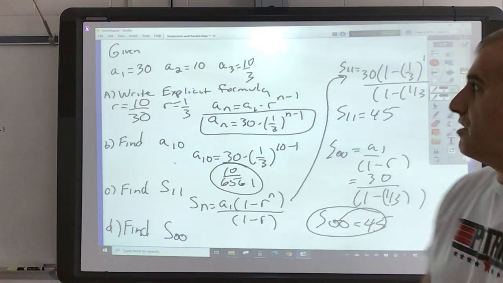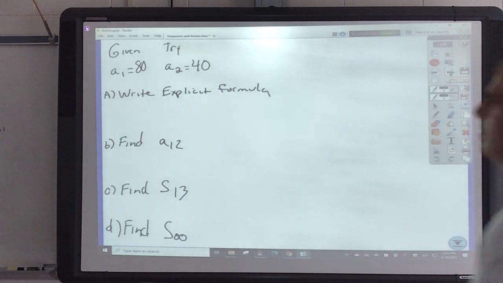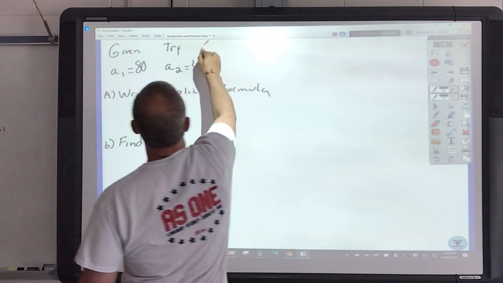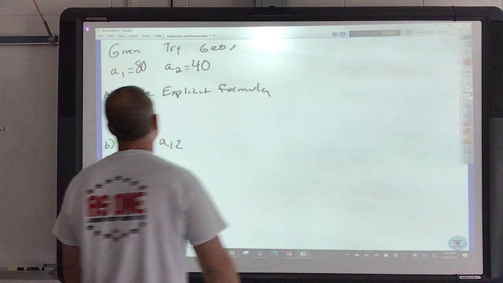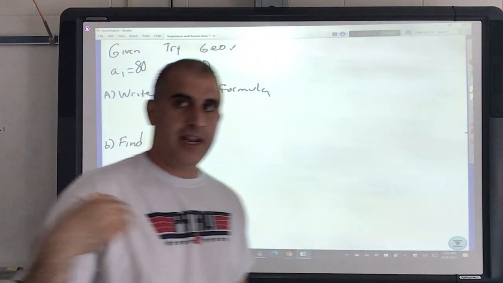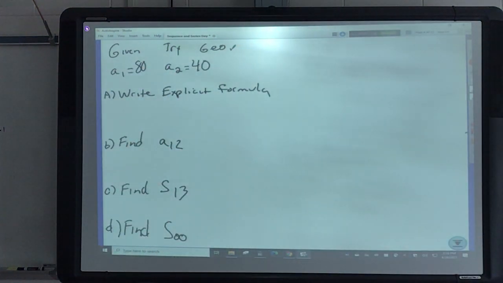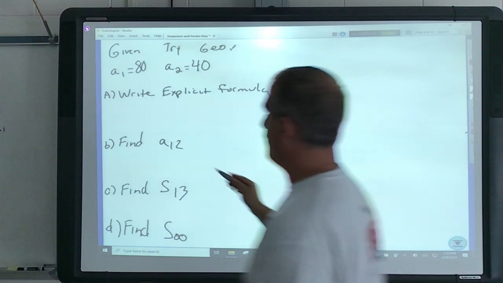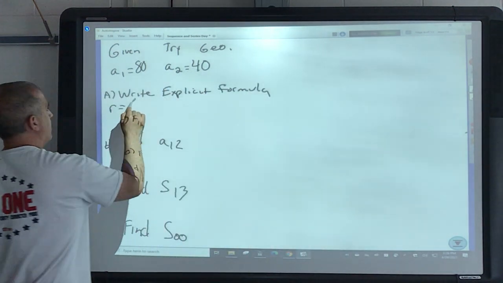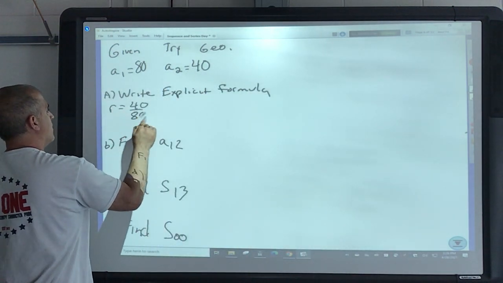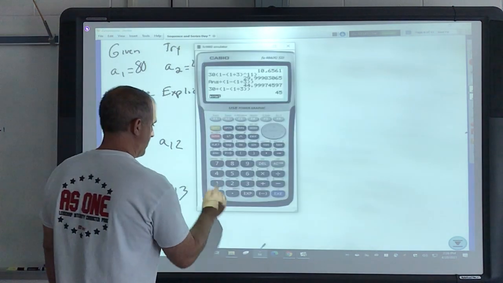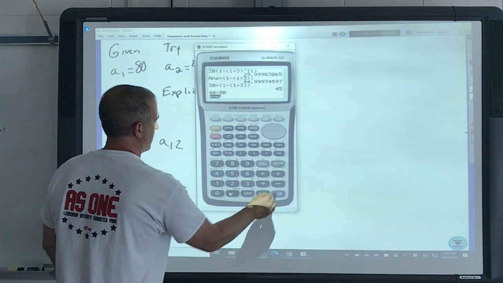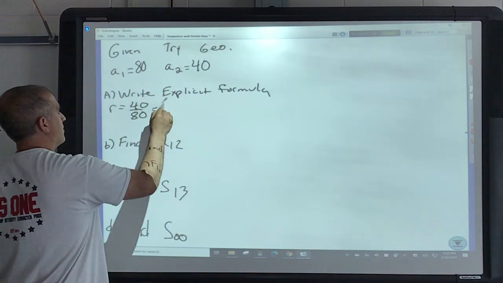All right, so what I'd like you to do, I would just go ahead and tell you this is geometric. Go ahead and pause your video and find these things. For the explicit formula, I have my R is 40 over 80, which is a half.